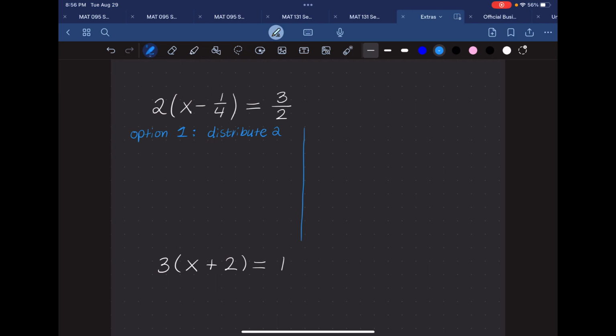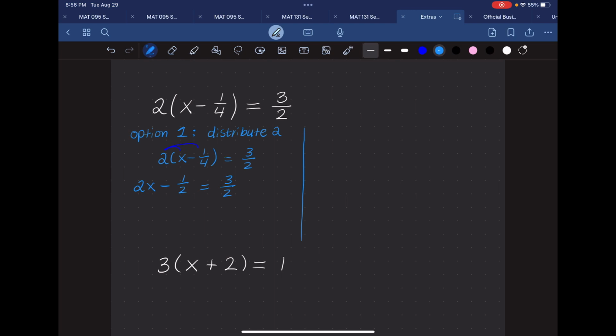So I'm going to take 2 times x minus 1/4 equals 3/2, and I'm going to distribute this 2 using the distributive property. So I get 2 times x minus 2 times 1/4, which is 1/2, is equal to 3/2.